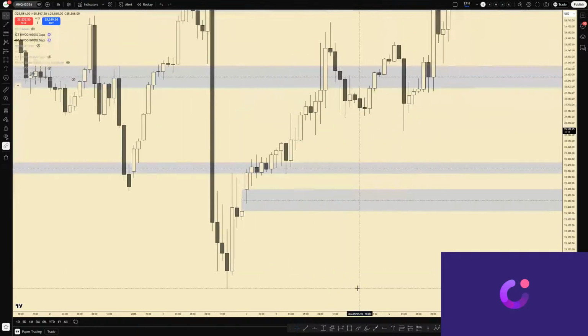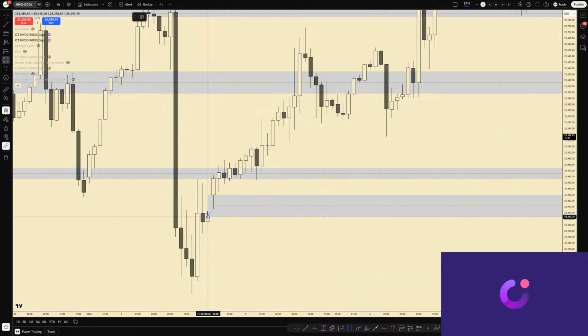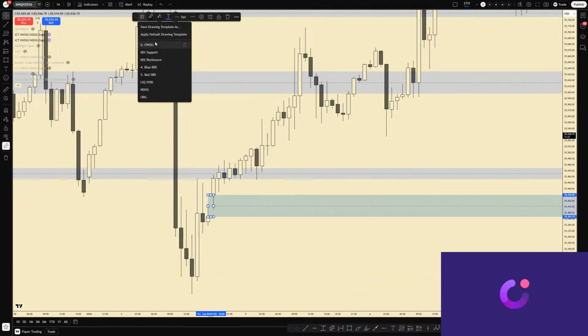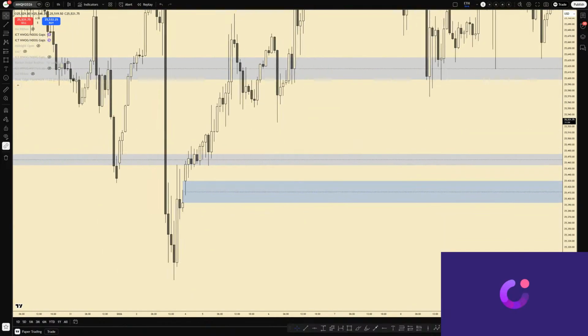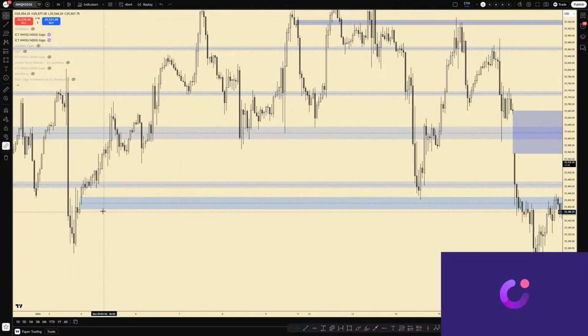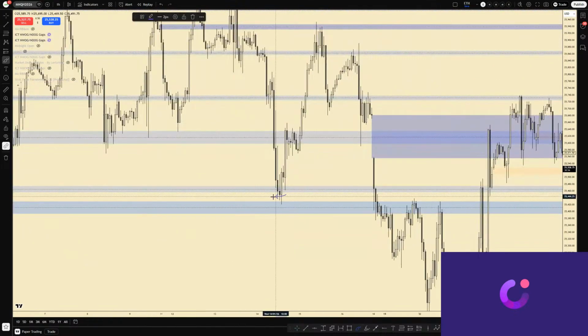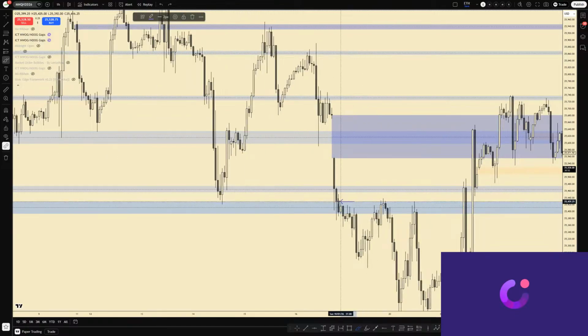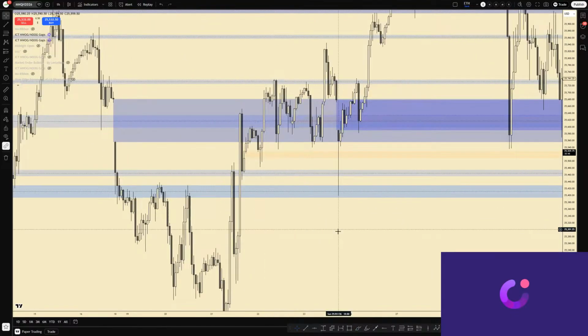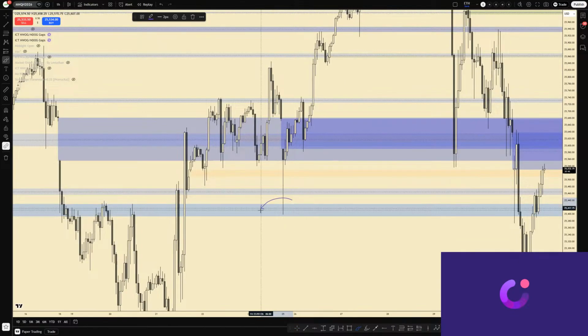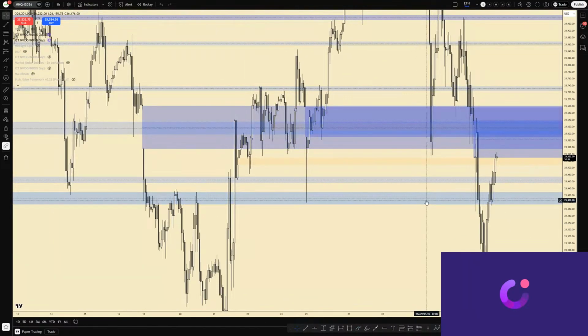This gap is one of them. It is from the beginning of January, and I was observing that price was taking nice reactions from it. So I will leave this one on my chart too.